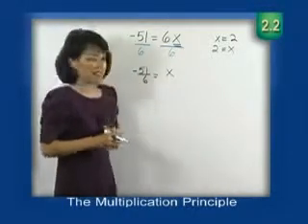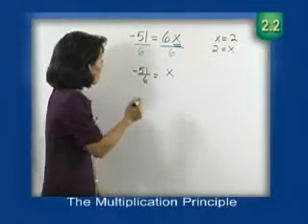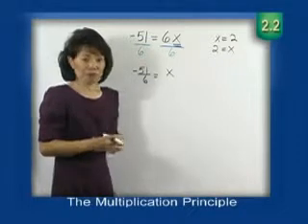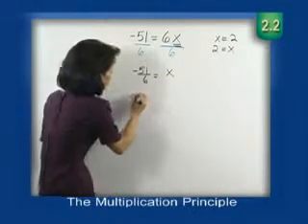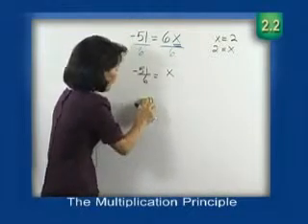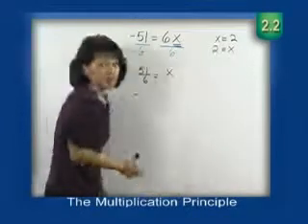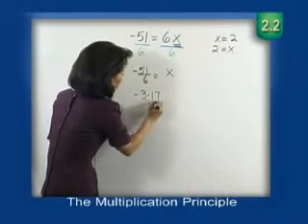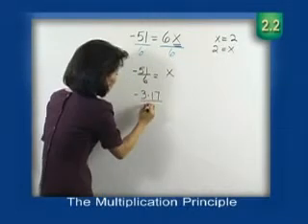51 and 6. Let's go ahead and write these as the product of prime factors. 51 happens to be 3 times 17. And in the denominator, we know that 6 is 2 times 3.